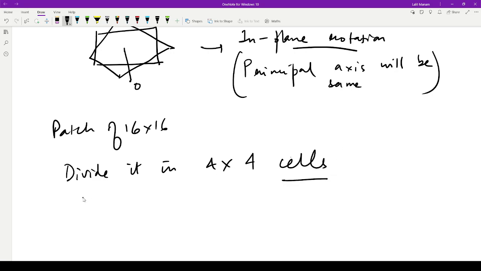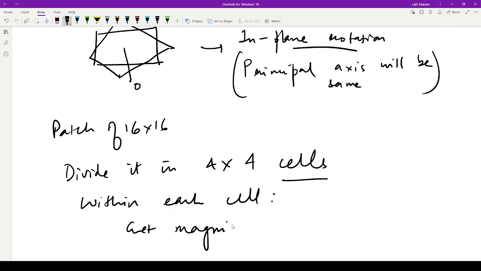Within each cell, we get the magnitude of the 8 directions, right?